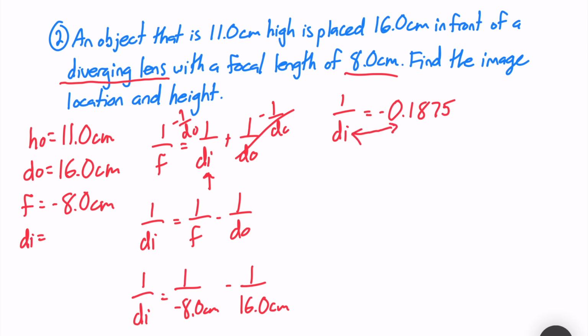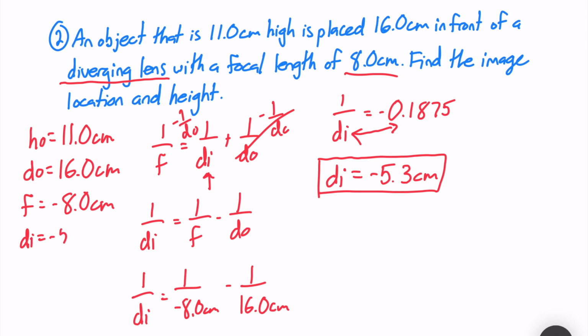So 1 over negative 0.1875 should be our di. And let's do that really quick. So our di should be negative 5.3 repeating. And we're just going to keep 1, 3 there. And we'll add our units in. So our di is negative 5.3 centimeters. That looks good to me.